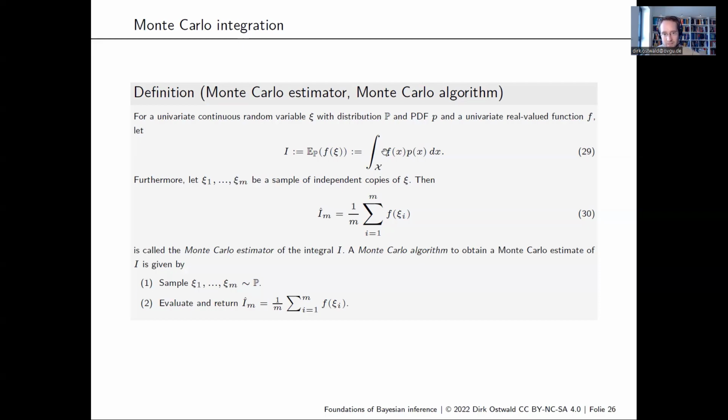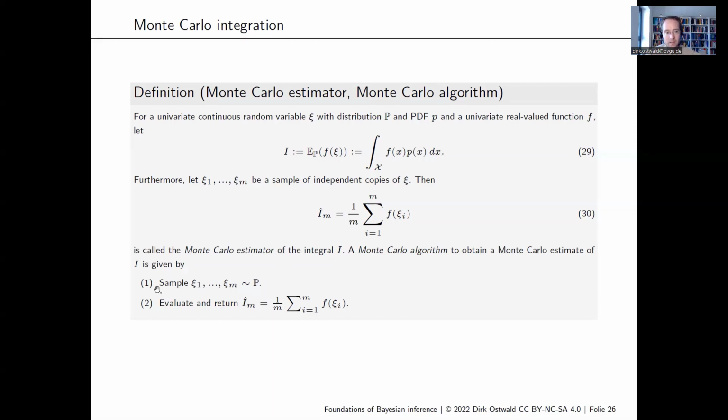Because the expected value is an integral, the sample mean here is also an estimator or an approximation of this integral. So the main point here is to realize that an expected value is an integral. Now, if you can write some integral as an expected value, then you can use sampling and computing means to approximate this integral.